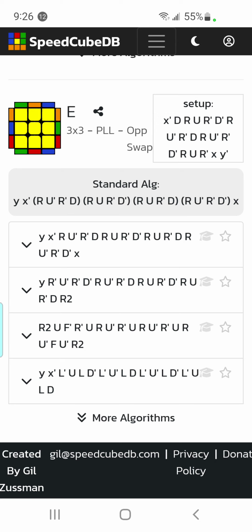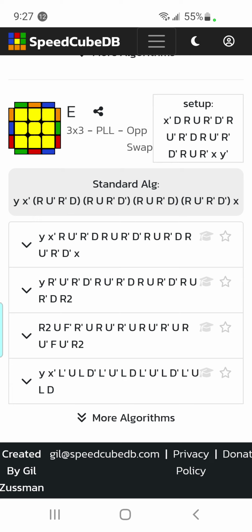Alright, so yeah, this is a very tricky one. Okay, so X prime means to rotate until yellow faces front to you. Alright. So, one thing about this PLL is that the D moves, you should not get fooled by it.